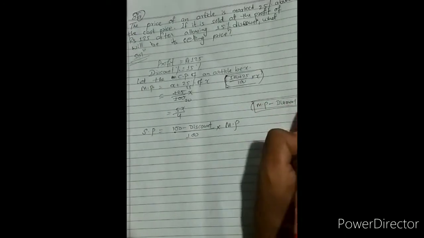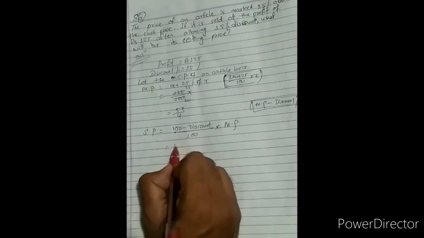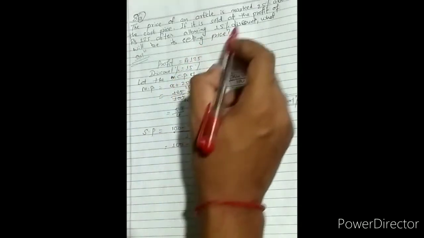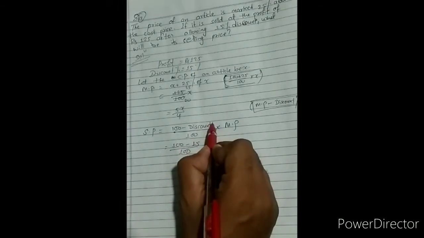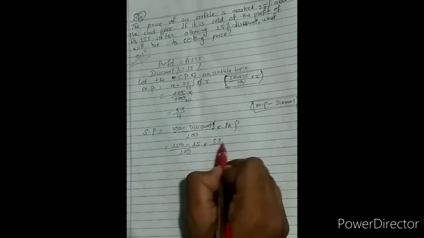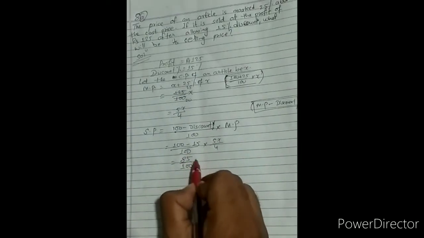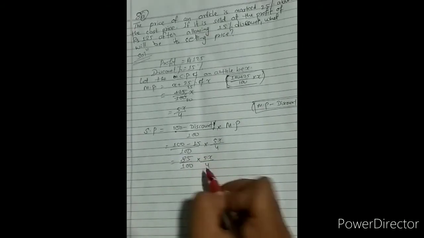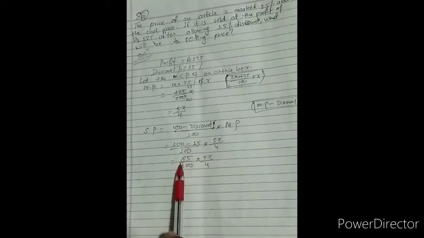This is the formula actually. So directly we can take 100 minus discount percent of MP, 100 minus 15%. To remove the discount percent, we divide by 100. So 85 by 100 into 5x by 4. This discount is 15, that's why 85.